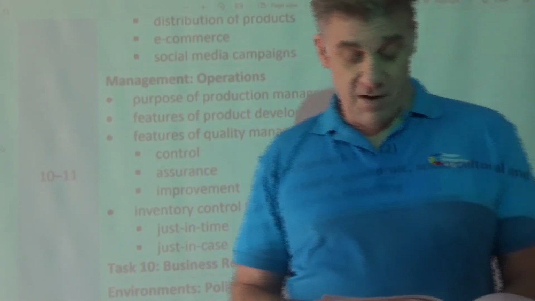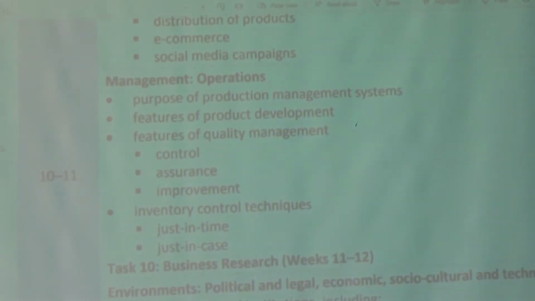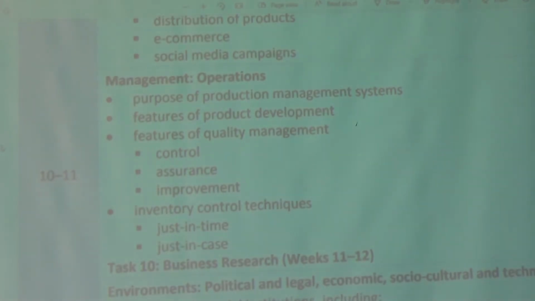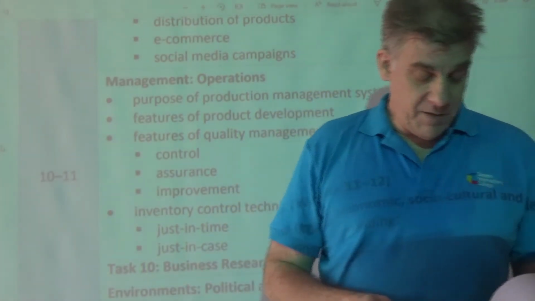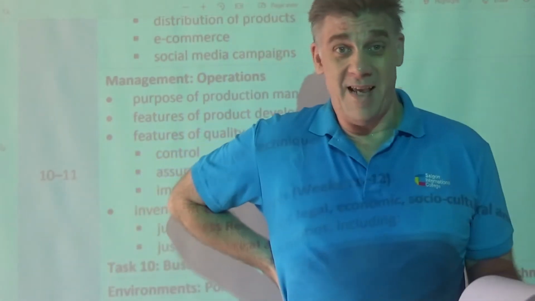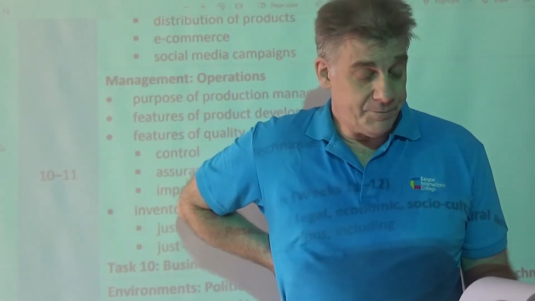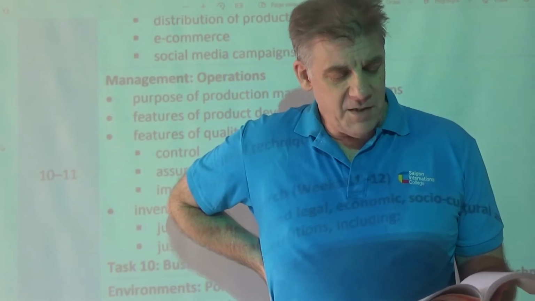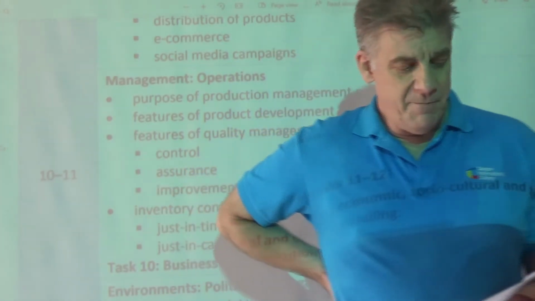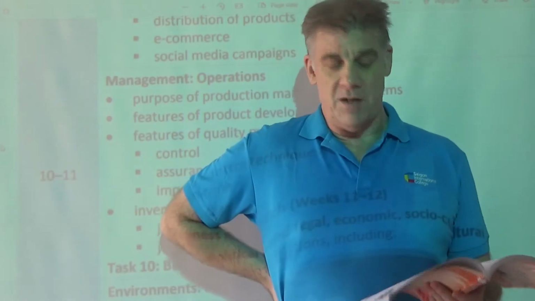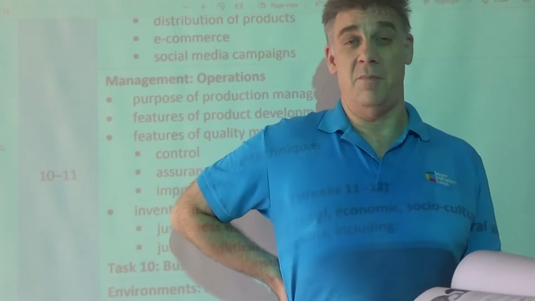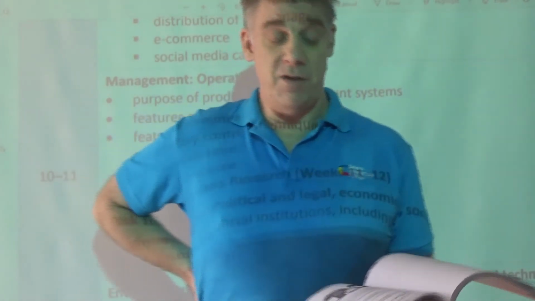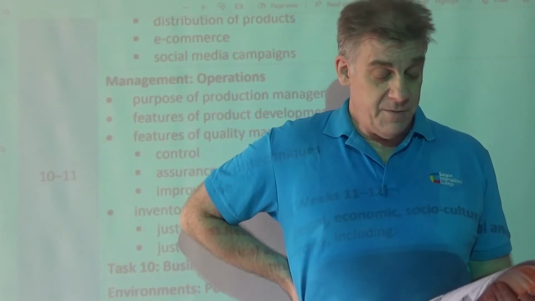Now, the next part is very basic, but it's going to come back to us when we do different quality control analysis. So we'll talk about these three different stages of the production process. The process of production, I'm on page 147, is also known as the transformational process. It can also be the process of adding value to resources.